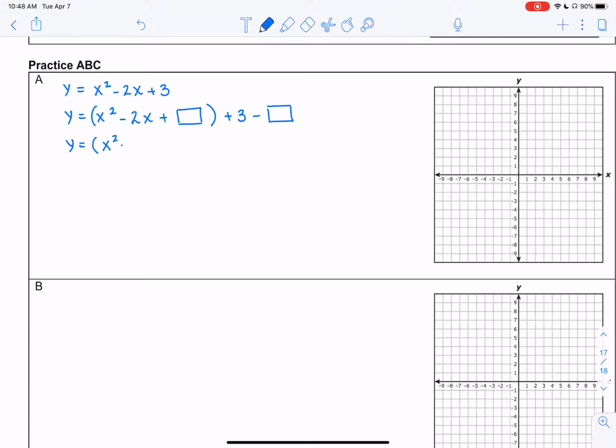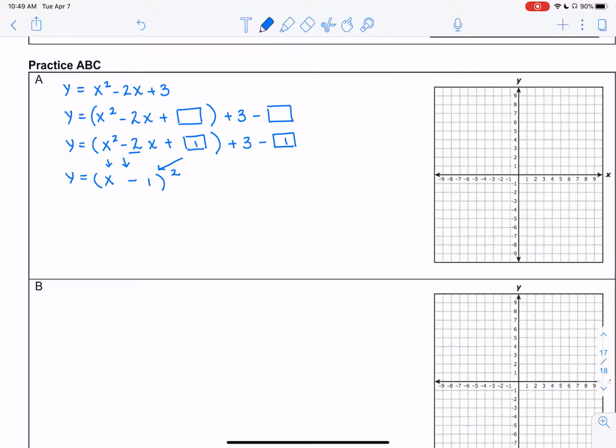Finding that magic box, I take the b value, divide it by 2. So -2 divided by 2 is -1. And then square that, I get +1. Put that same thing in the magic box that's being subtracted outside. All right, then I go back to taking this first term, square rooting it, the last term, square rooted, bring down the symbol, then minus for the middle.